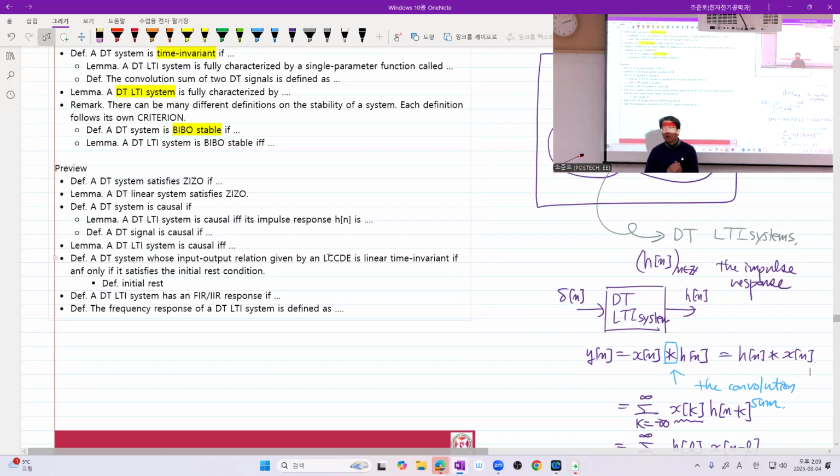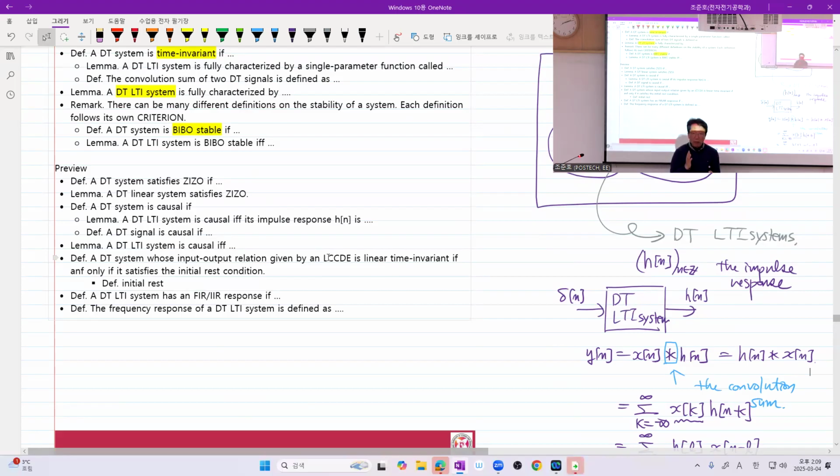You must always be careful because there could be many different ways to approximate a DT LTI system, but some implementations may be very vulnerable to production error or some noise or something you could not imagine. Okay? This is very important as an engineer.